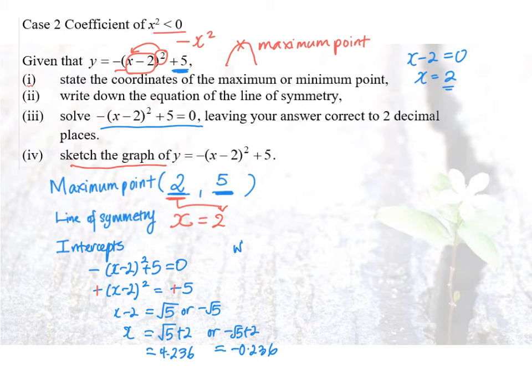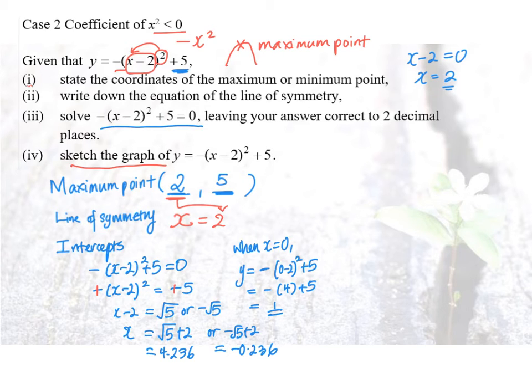So we are missing our y-intercept. The y-intercept occurs when x equals 0. So we'll substitute x equals 0 into our equation, and this will be the answer. y equals 1.